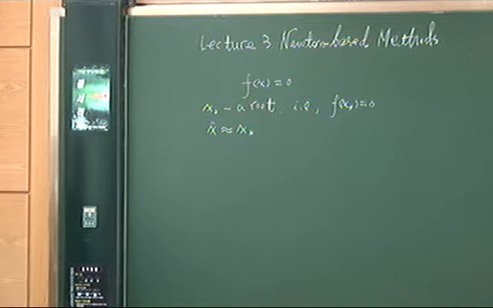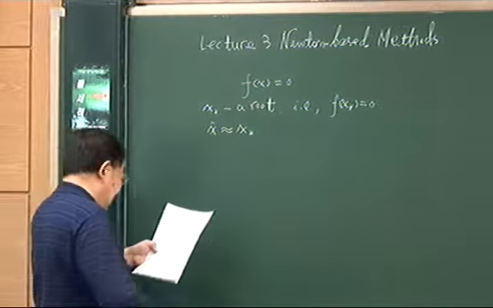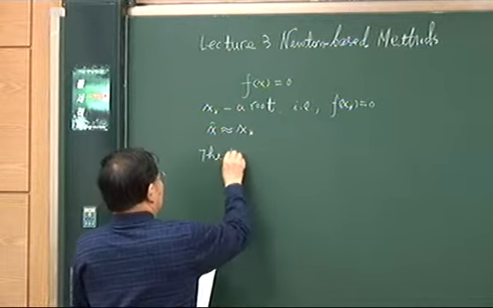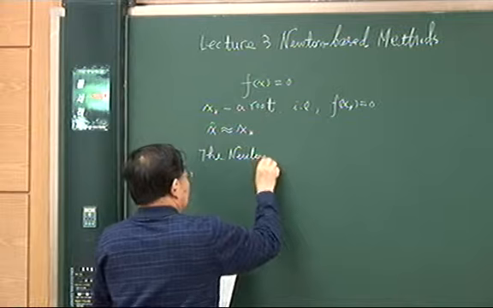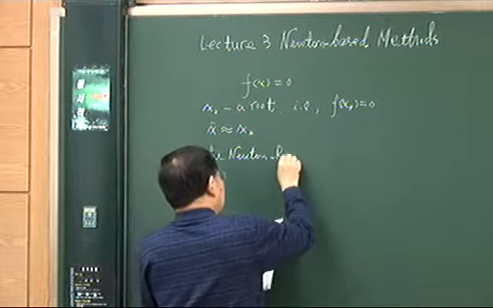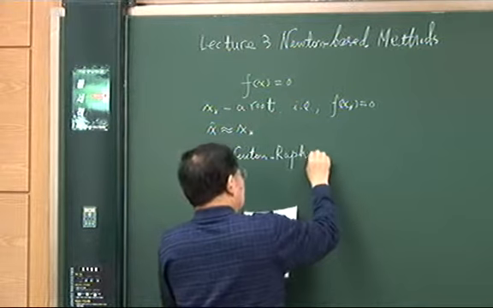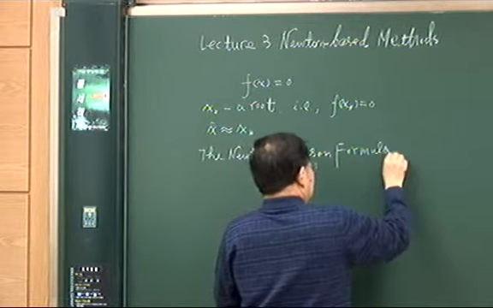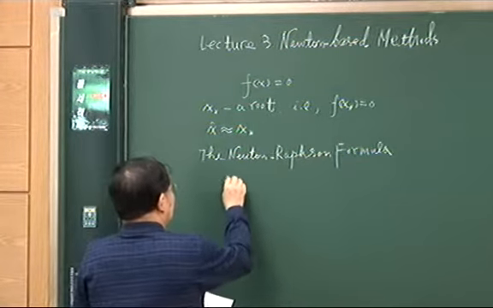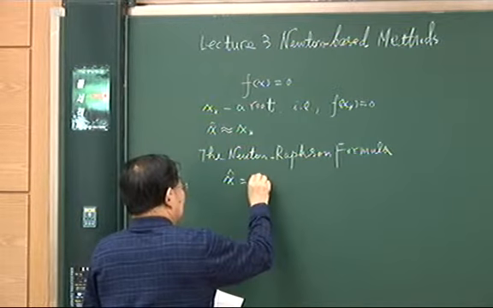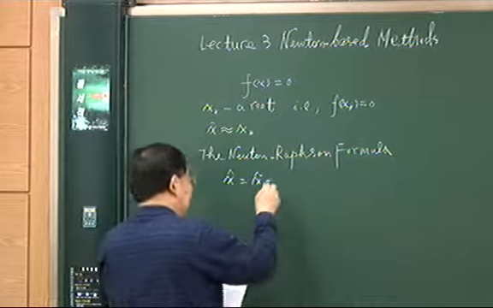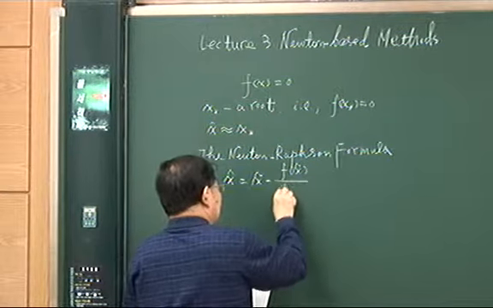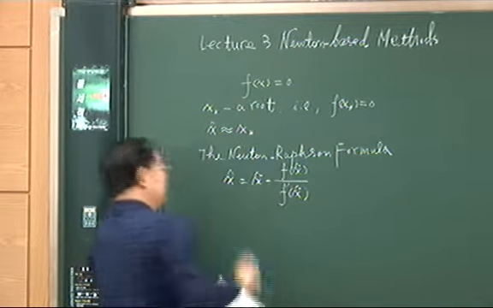It's like this. The Newton-Raphson formula is that x hat is equal to x minus f(x) over f prime(x).